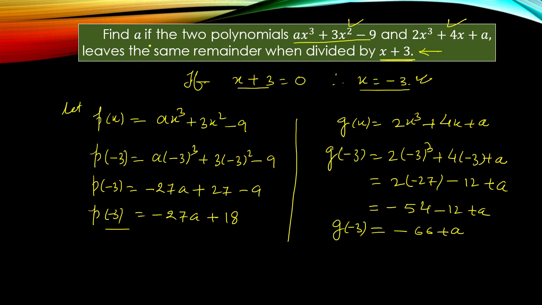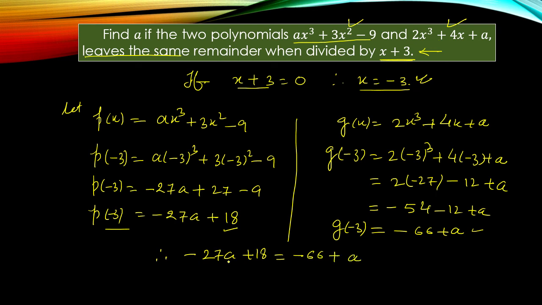The question says the polynomials leave the same remainder when both are divided by x plus 3. So that means this remainder and this remainder are equal. Therefore we can say minus 27a plus 18 must be equal to minus 66 plus a.